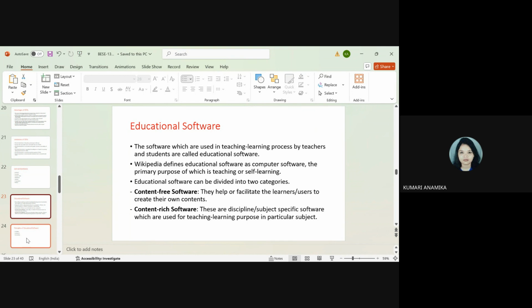Educational software can be divided into two categories. The first is content free software, and the second is content rich software. Content free software helps learners create their own content, and content rich software is discipline or subject specific software used for teaching learning in a particular subject.